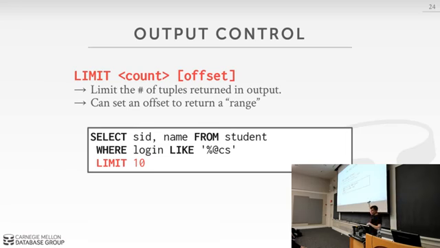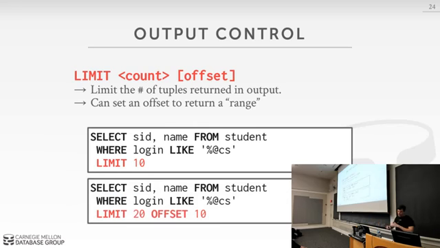This is being controlled by LIMIT and actually OFFSET. LIMIT just says limit the number of tuples. OFFSET tells you how many of the tuples you're producing as your output you should skip before you start figuring out how many you should limit. Again, if you think of a web page that shows you 10 results, you click next and see the next 10, they're using a limit with an offset to make that work.